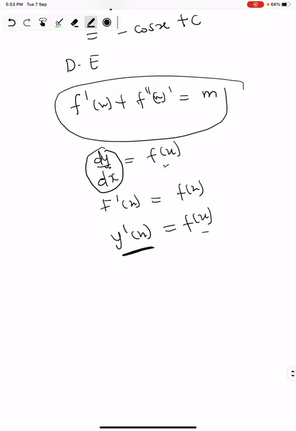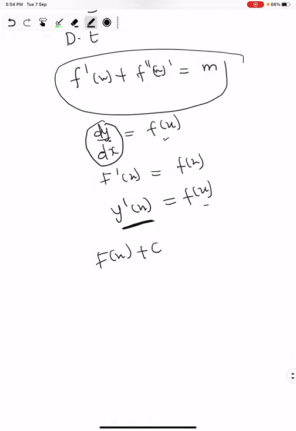Therefore, the solutions to this simple differential equation are the antiderivatives of f of x. So if capital F is an antiderivative of f, every function of the form capital F of x plus c is a solution to this differential equation.